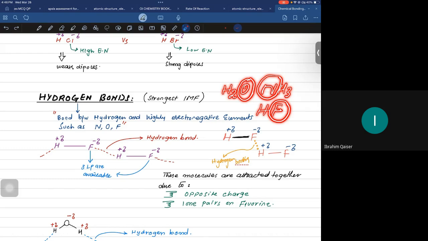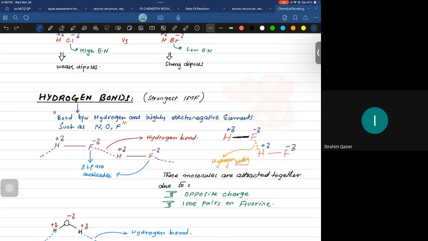So mostly what happens is we are thinking that only the hydrogen bond is present between the water molecules. No, it may be between the ammonia and it may be between HF as well. We have to focus on these three elements: fluorine, oxygen, and nitrogen. Are you getting my point?